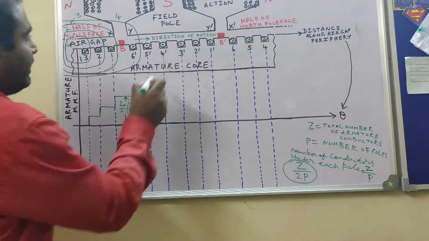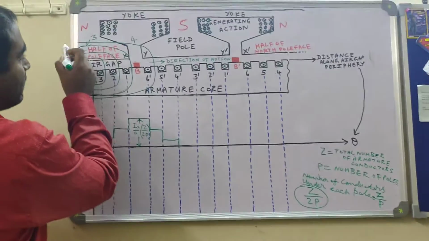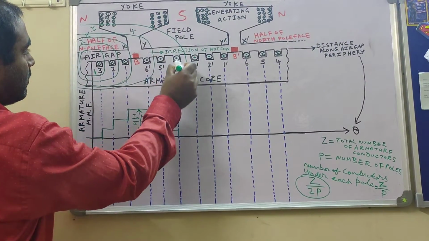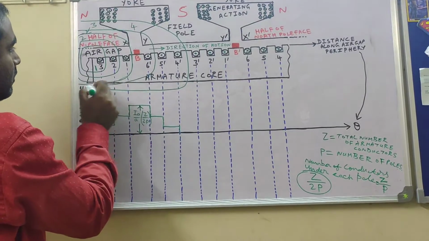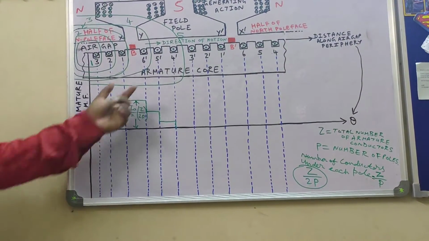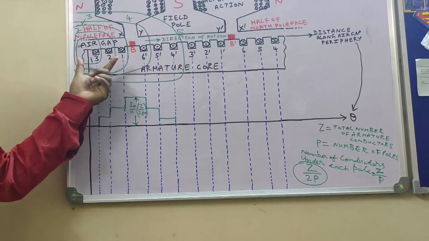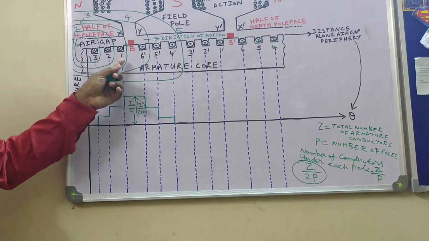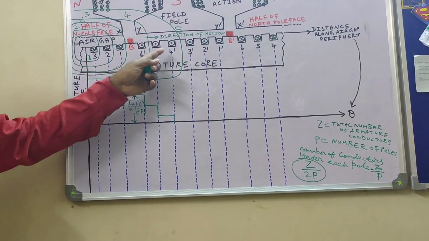Likewise, if you take path number 5, let me draw it. In path number 5, what do you see? That 6 slots are there in path number 5. What are the 6 slots? 3, 2, 1 and 6 dash, 5 dash, 4 dash.